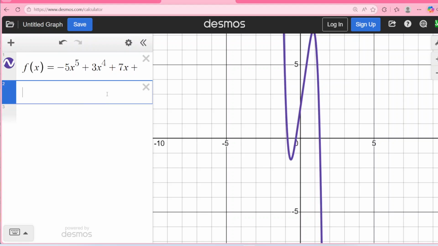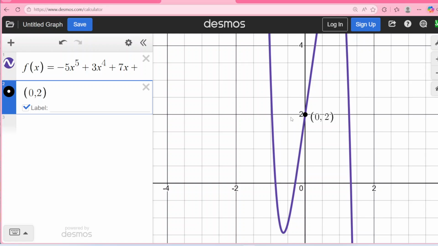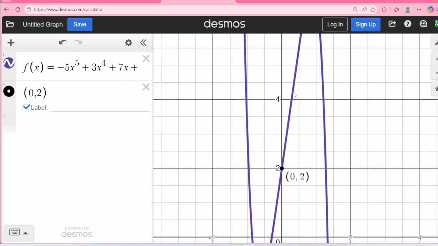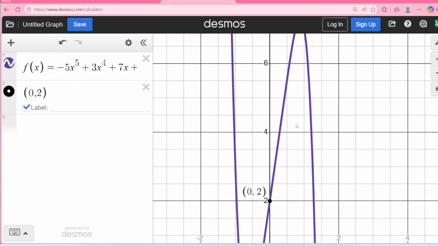Now, I mentioned the point at x equals 0, which would be 0, 2. Remember, I said this would not be an inflection point. So look, see how to the left it's concave up, and then it's still on a piece of curve that's concave up. Right? It doesn't change concavity until 9/25.